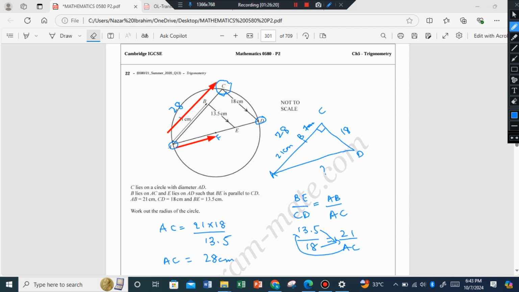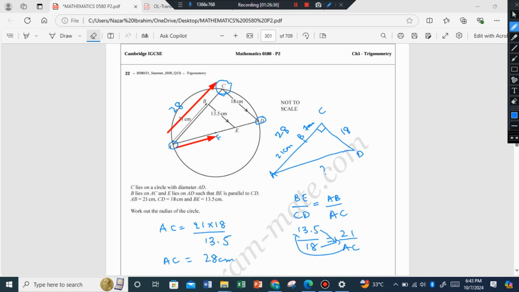I wanted to find out AD, which is the diameter, so that I can find out AF, which is the radius, which will be half of the diameter. So to find out AD, I have calculated this side. I have two sides, it's a right angle triangle.